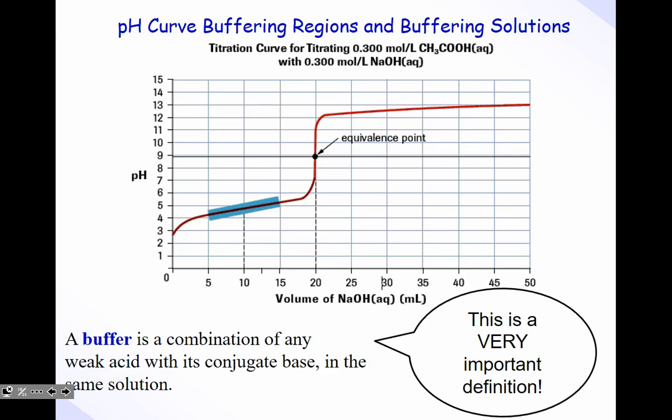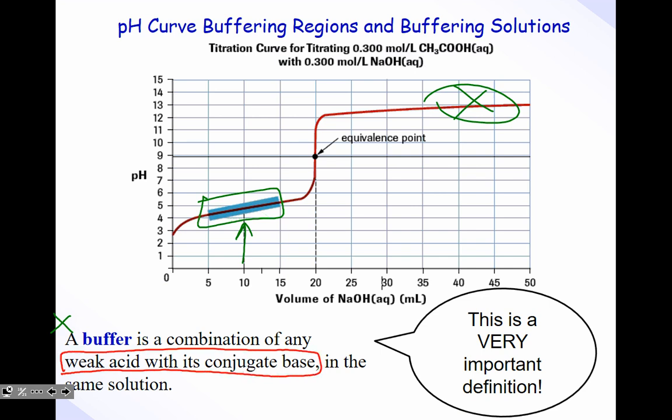So let's talk a little bit about a buffering region and what is going on there. As you know, here's our buffering region. And because it's only the first one that counts, this one is no longer the second one. So a buffer, this is really important, kiddos. A buffering region is any combination of a weak acid with its conjugate base.